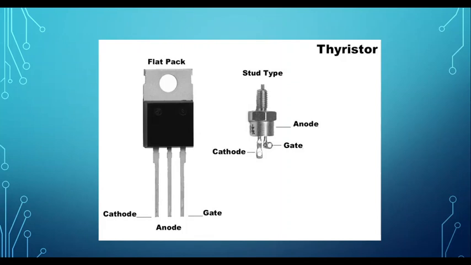There is a flat pack, and there is the circular stud type. All of the thyristors have the cathode, the anode, and the gate. You can see in the picture the exact location of the cathode, the gate, and the anode.